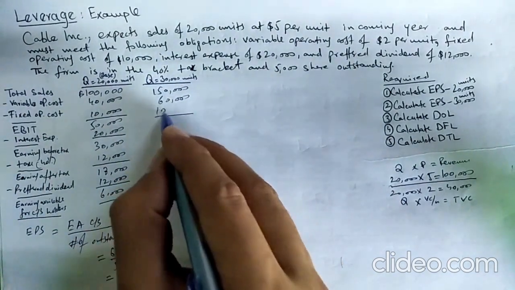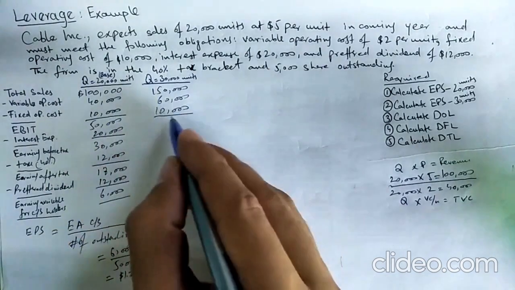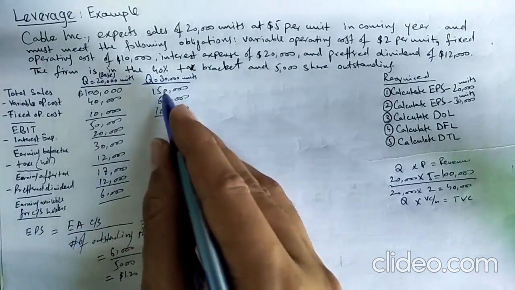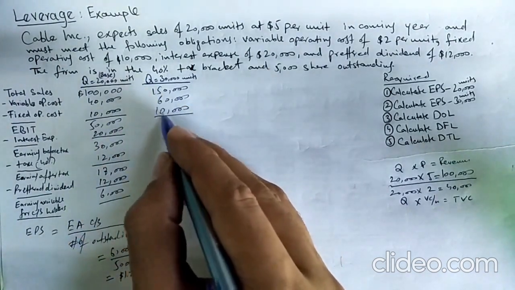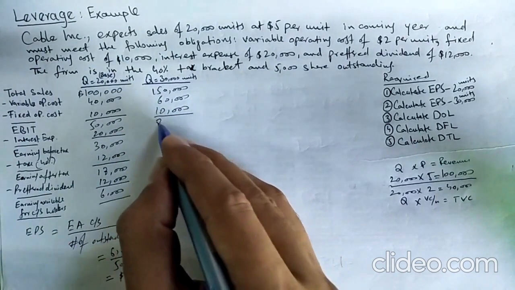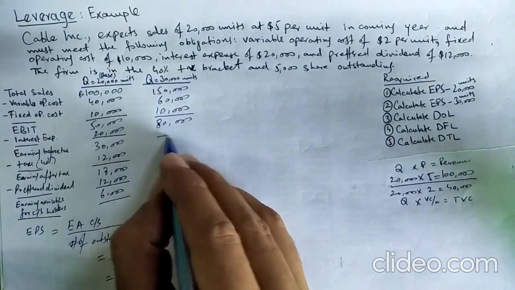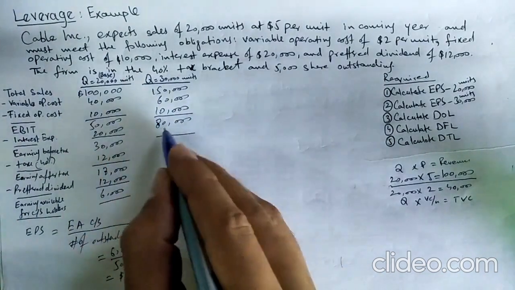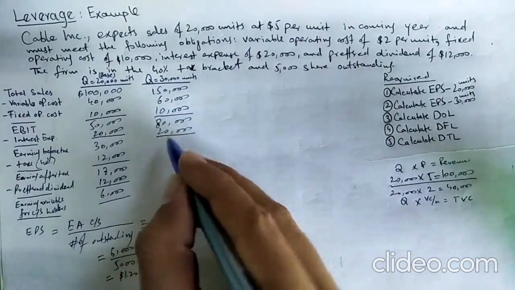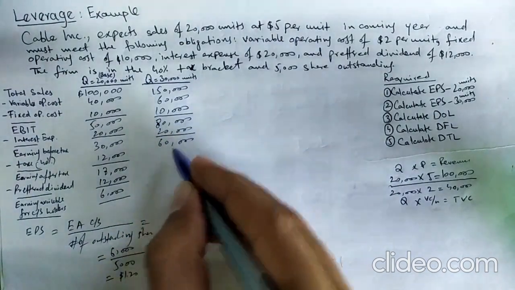The fixed cost remains the same whether you produce less or more. So in both cases the fixed cost remains the same. So 150,000 minus 60,000 minus 10,000 is equal to 80,000. And then we pay the interest expense. The interest expense is a fixed cost, so it remains the same. After paying the interest expense, we have an income of 60,000.